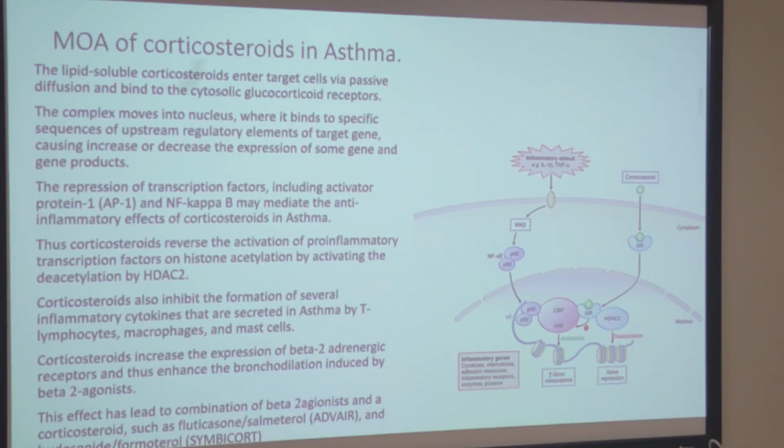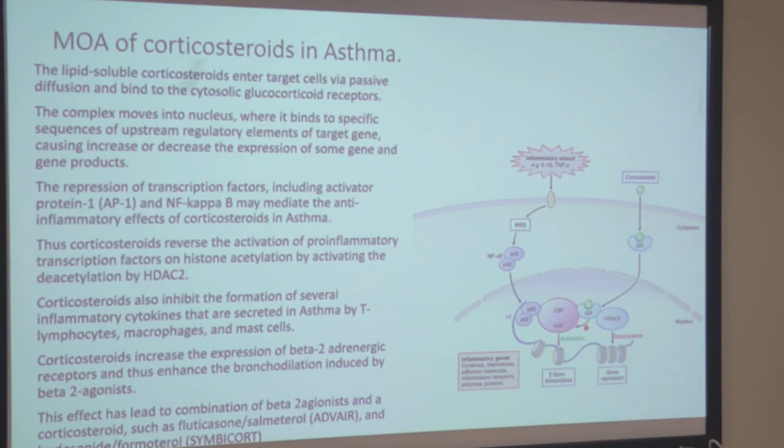Remember, there are passive diffusion, active diffusion, facilitated diffusion, which you studied, and these corticosteroids go by passive diffusion because they are lipid soluble. And where do they have their receptors? Their target sites, the corticosteroid receptors, are in the cytosol.